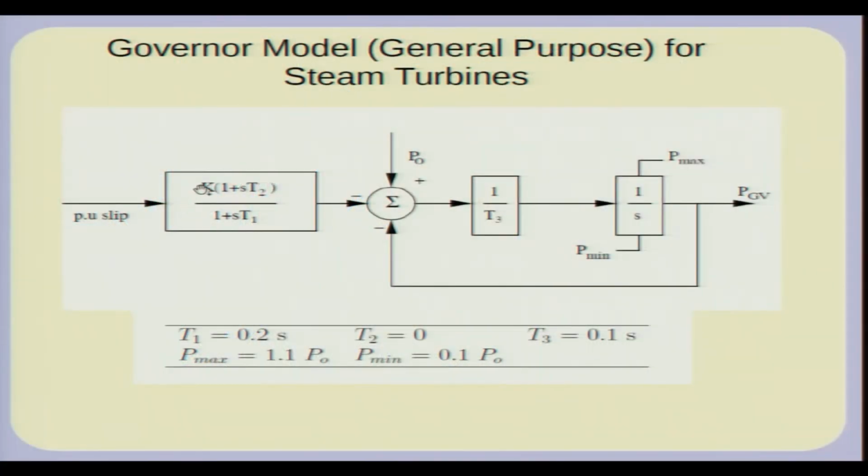And in fact, then it becomes more sensible to use a droop kind of strategy rather than an integral or isochronous strategy in a speed governor. This is something we will discuss later on when we talk of interconnected grids.